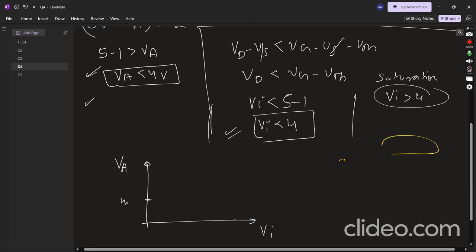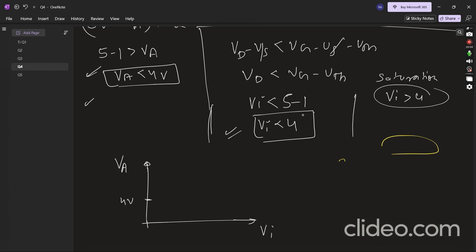So this is 4 volt. So VA will not increase beyond 4 volt. And for triode region, V input is less than 4 volt.